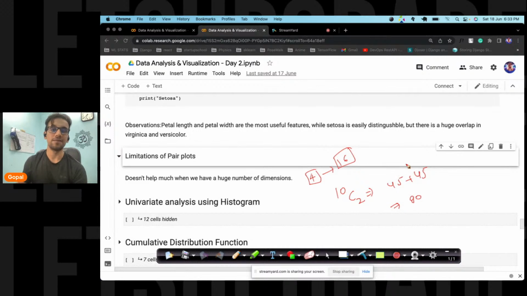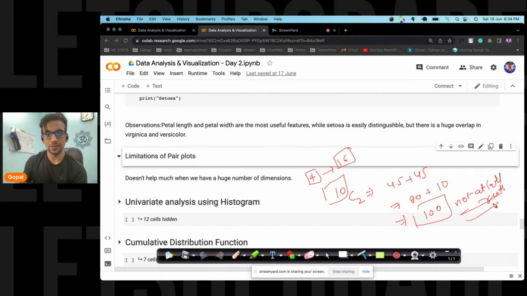Plus we have 10 features, so it will be 100 plots for 10 dimensions. Just for 10 dimensions it explodes to 100, so it's not at all readable. Therefore we will not go with more than 4 or 5 or 6. That is why I made this observation here: it doesn't help much when we have a huge number of dimensions.